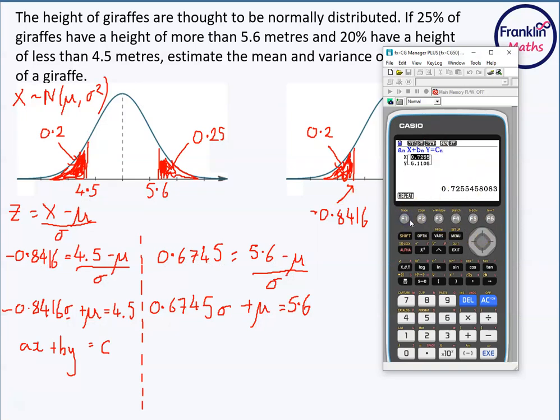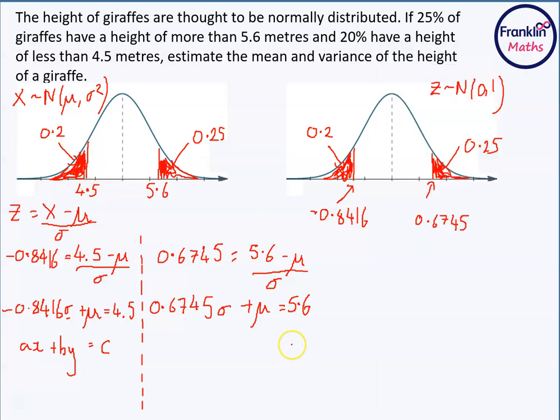So hitting solve, sigma comes out as 0.7255, so I'll take that as 0.73. And mu has come out as 5.1, and that makes sense actually because it's in between these two. So just jotting the answer down, the standard deviation sigma is 0.73, and mu in this case is equal to 5.1.